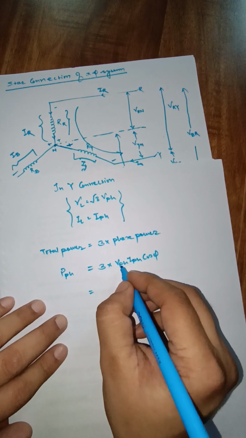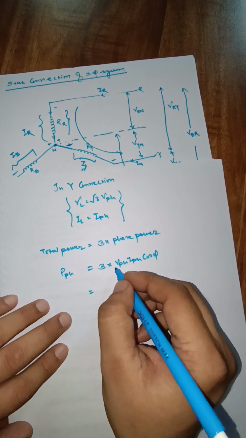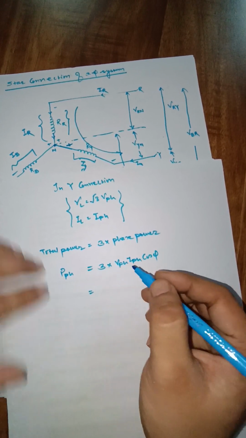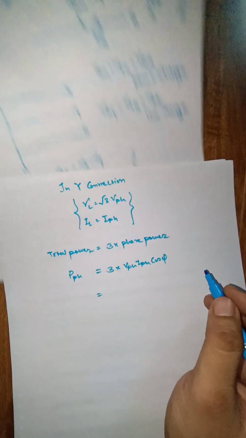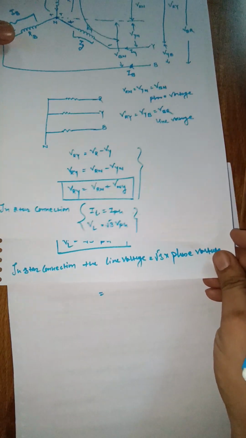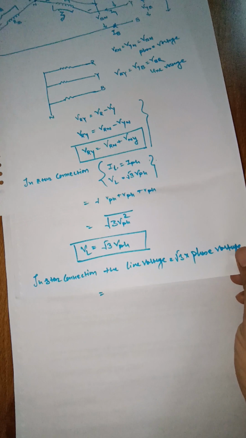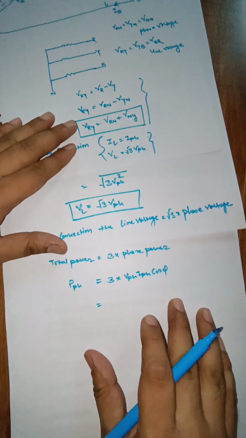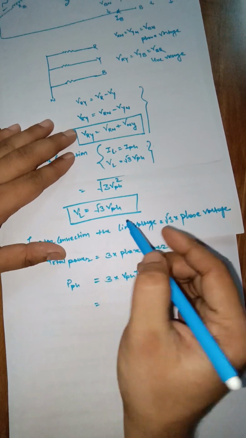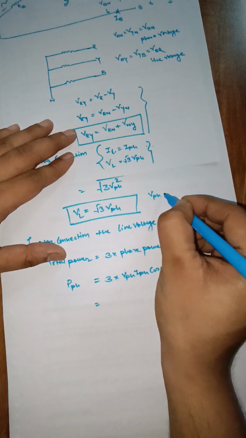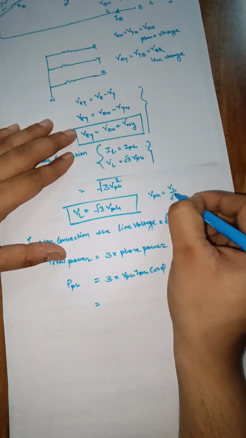So let me take what will be the value of VPH in terms of line voltage. We have just derived the concept that VL equal to root 3 VPH. So here VPH will be equal to VL upon root 3.